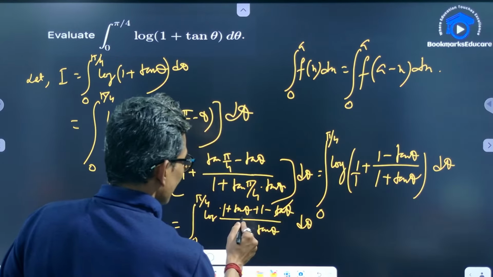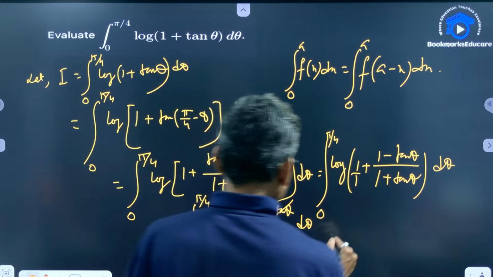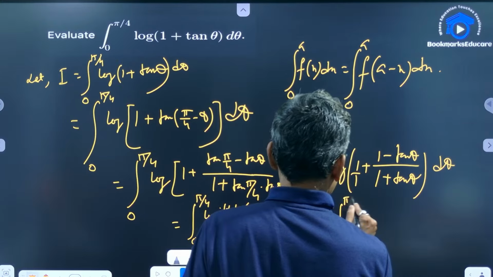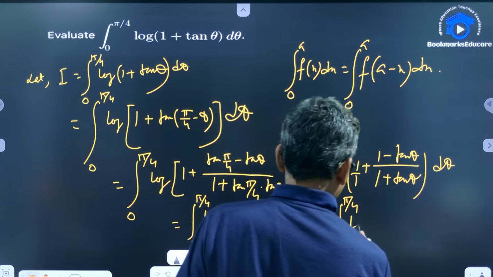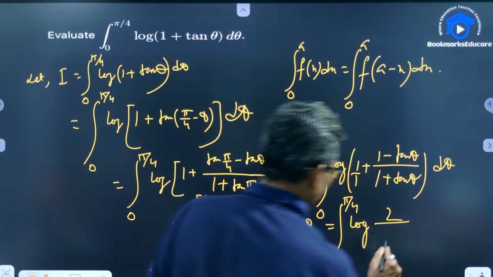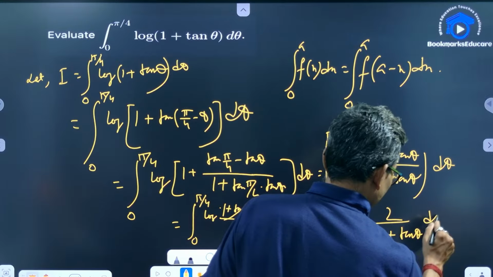So tan theta will be eliminated. 0 to pi by 4 log of 2 by 1 plus tan theta d theta.